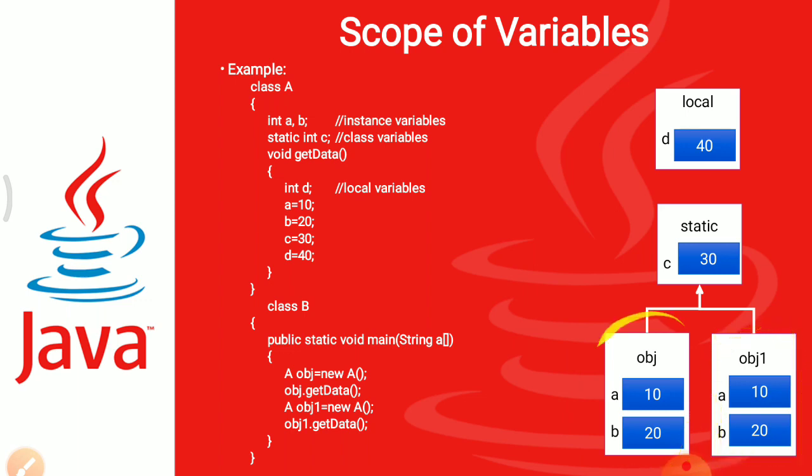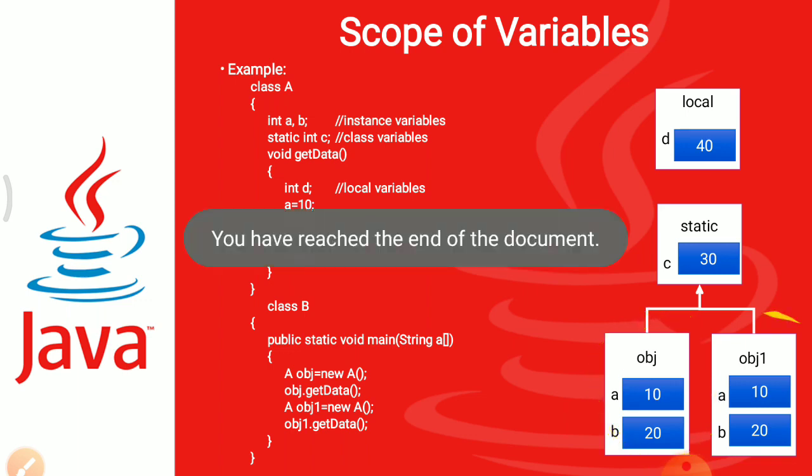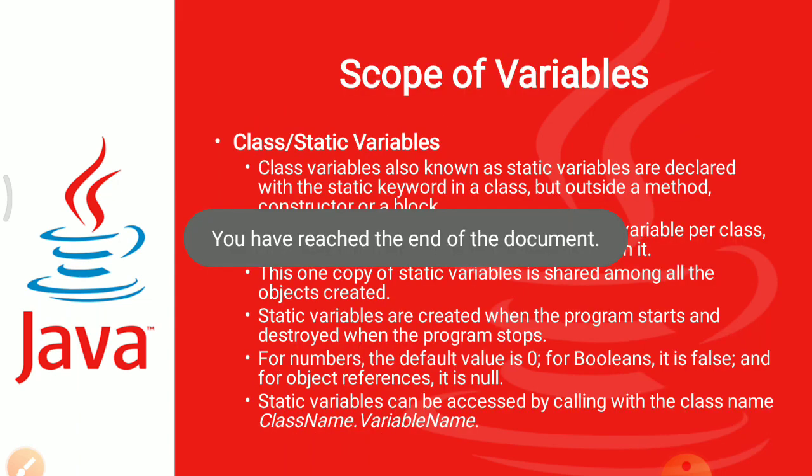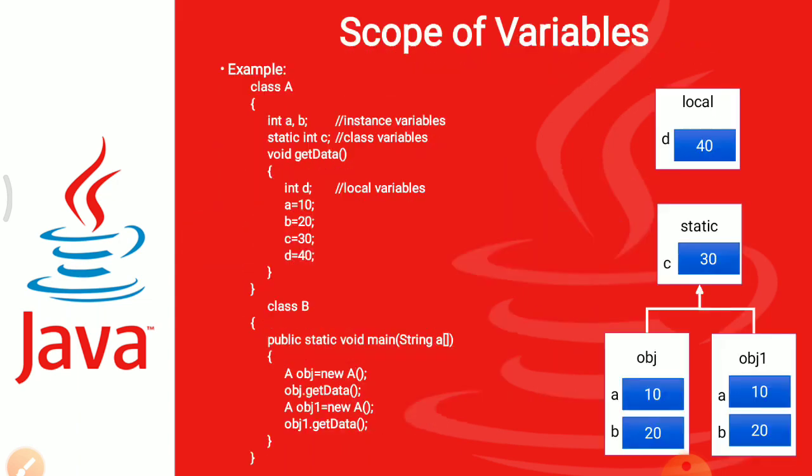These are the two separate objects, obj and obj1. C is static, that is common for all. If you have object 2, object 3, it is shared by all. And D is equal to 40, that will be local, it will not be accessed beyond this and will be destroyed. All the variables will be destroyed after closing the program.